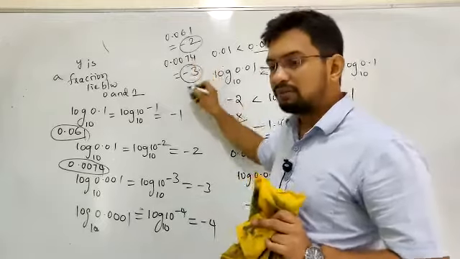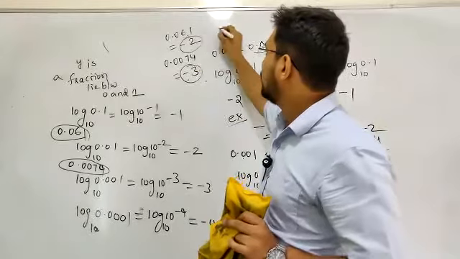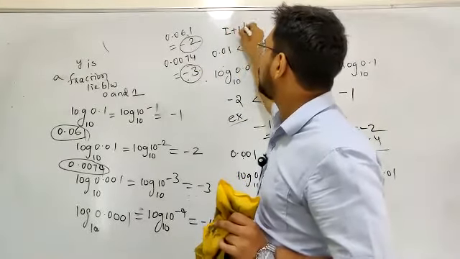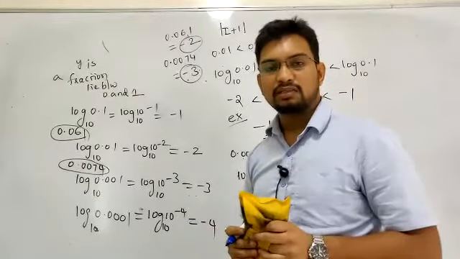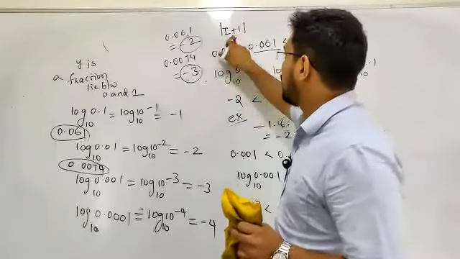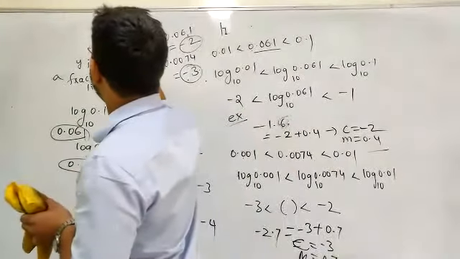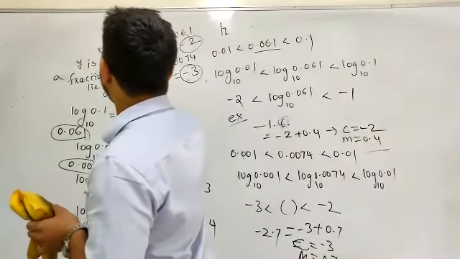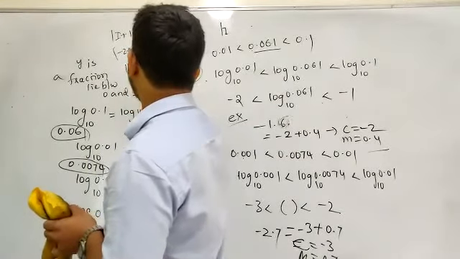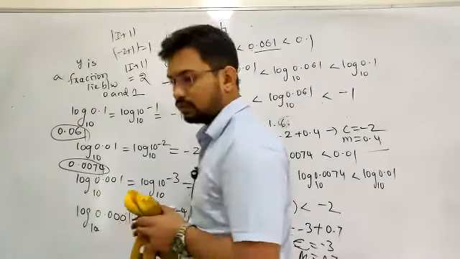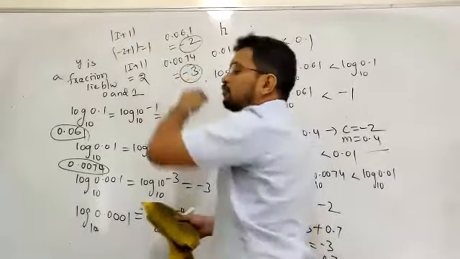Now, if I observe the similarities between these two, I'll get the value of modulus of characteristic plus 1. For this, the value will be modulus of -2 plus 1, which is 1. For this, modulus of -3 plus 1 is 2.